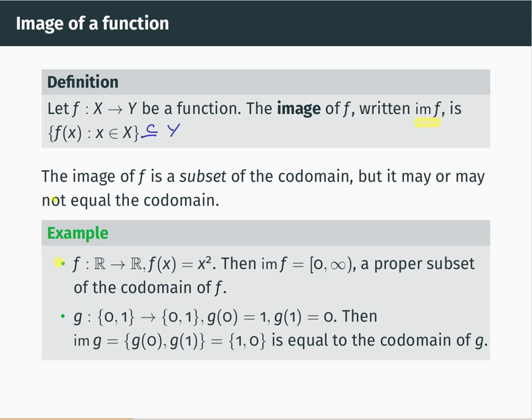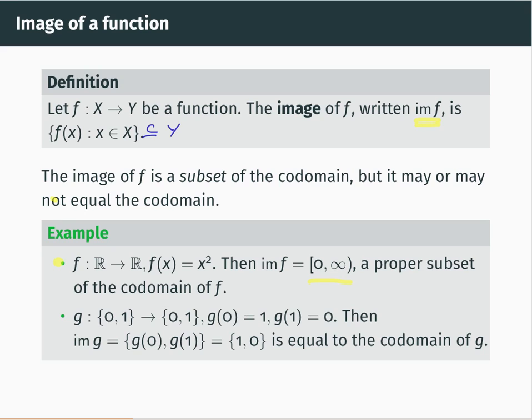So that means the set of things in the image is exactly the set of non-negative real numbers, which we write using this interval notation which I defined in the last lecture. So the image of f here will be the set of all non-negative real numbers, and that is a proper subset of the codomain of f, because the codomain was the whole set of real numbers.